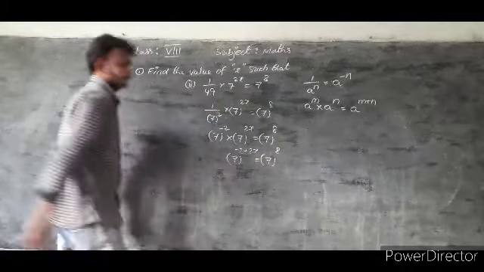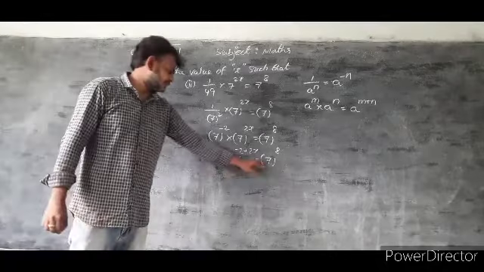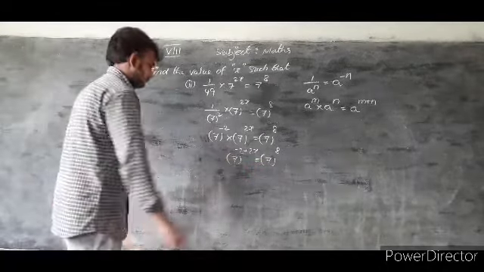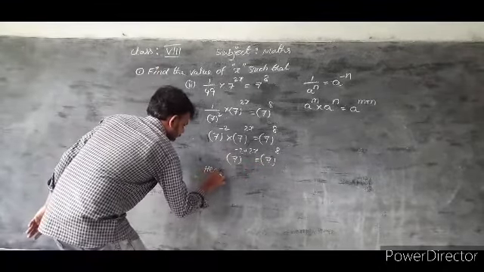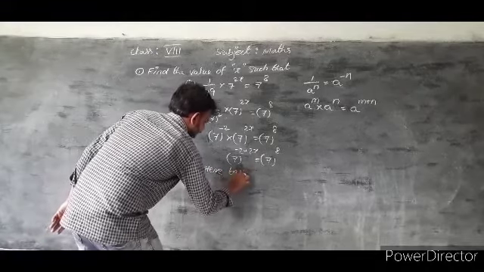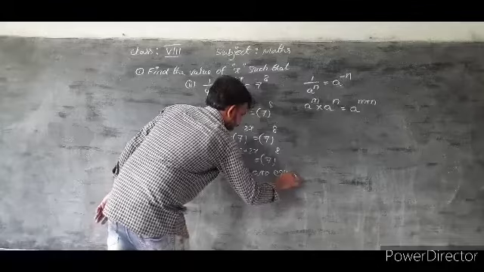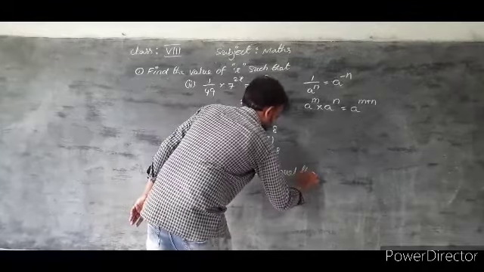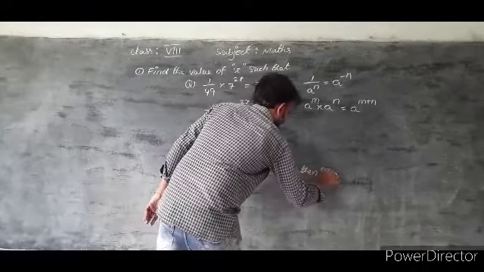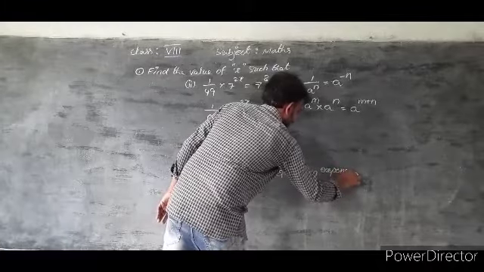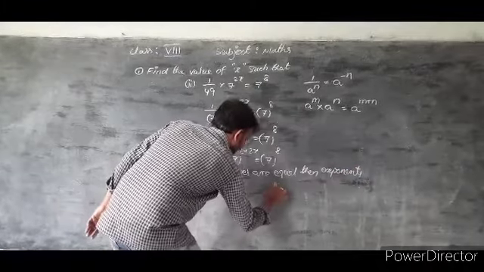So here bases are equal and equal to is there. So bases are equal, then exponents must be equal.